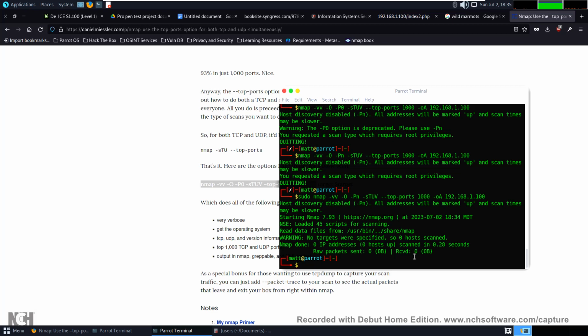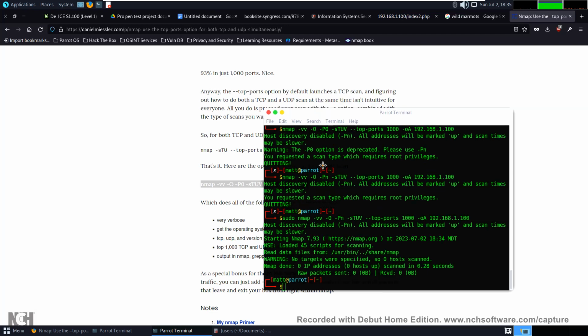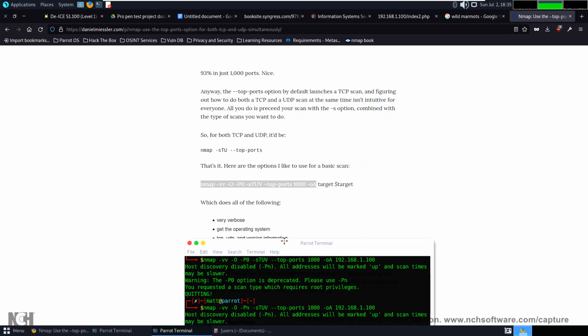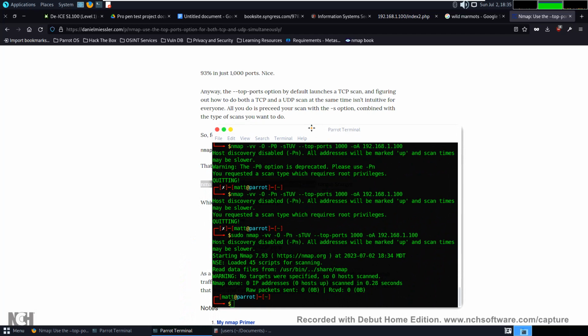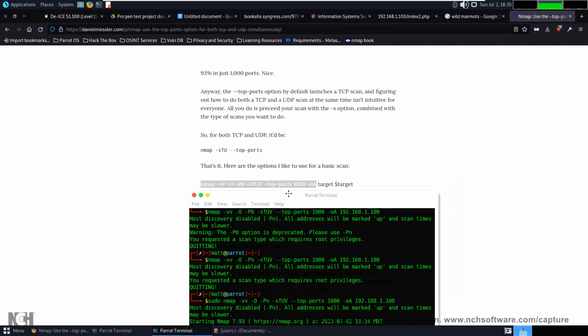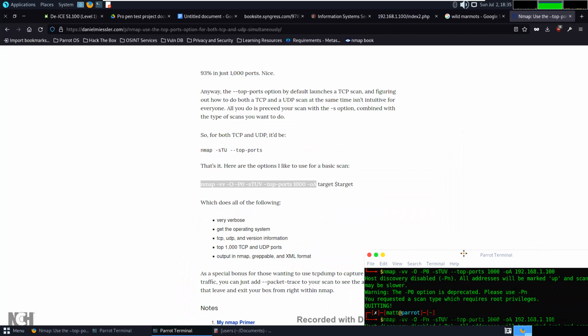Starting Nmap. NSE loaded 45 scripts. No targets were specified. My target is right there at the end. So which one am I? What am I missing? Do I need $target?